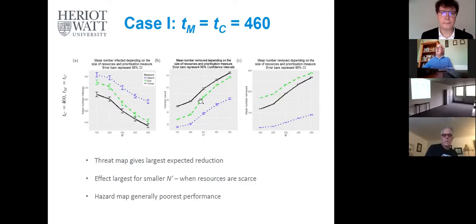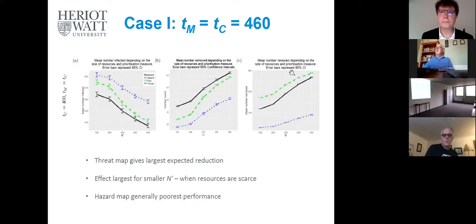Again, if you look to see how many infections you're actually saving, then you're saving a lot more infections. Your estimated expected reduction is going to be a lot more if you use the threat map than if you were to use the risk map.